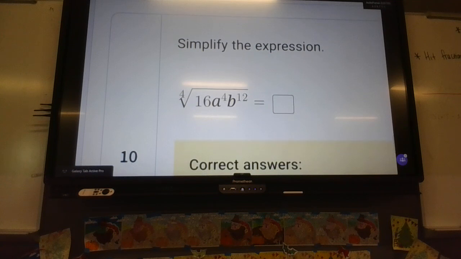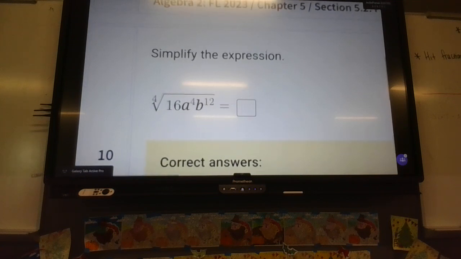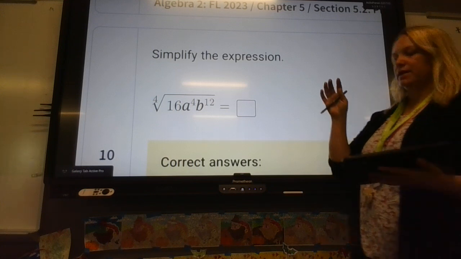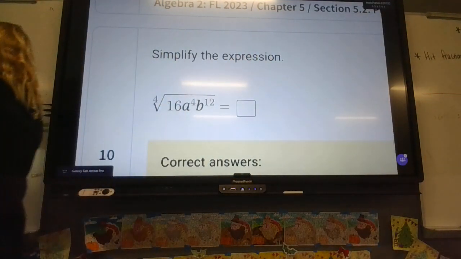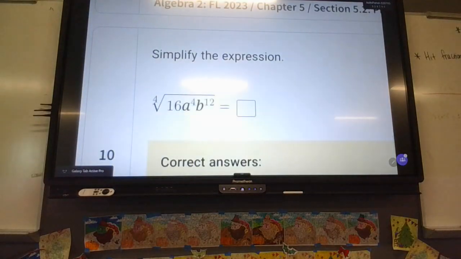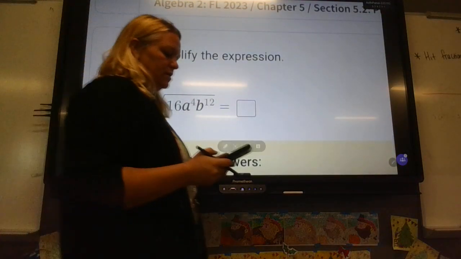So there's two problems in here that I would never require you in Algebra 2 to show absolute value bars, but there's a technicality here. And you can read about it above example 5 in your book. I'll show you what I believe you should have arrived at, and then I'll show you how to enter it in to get credit.